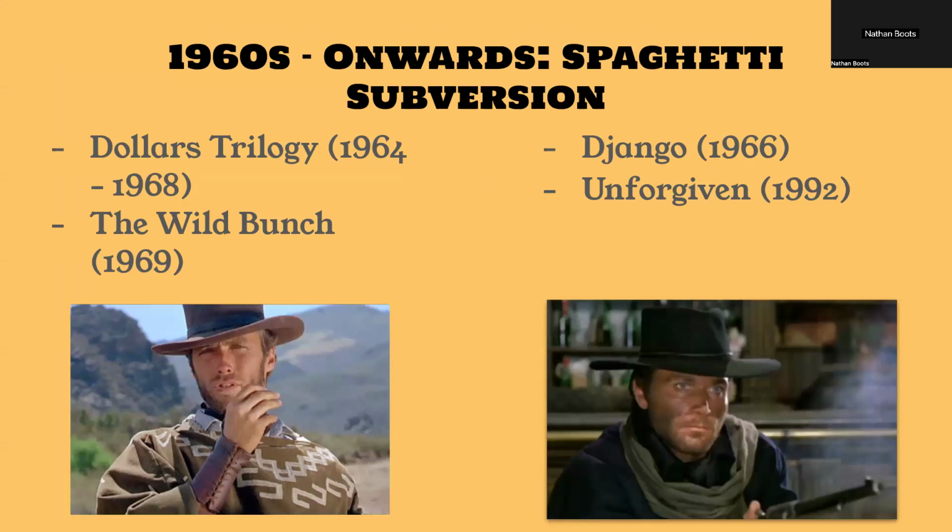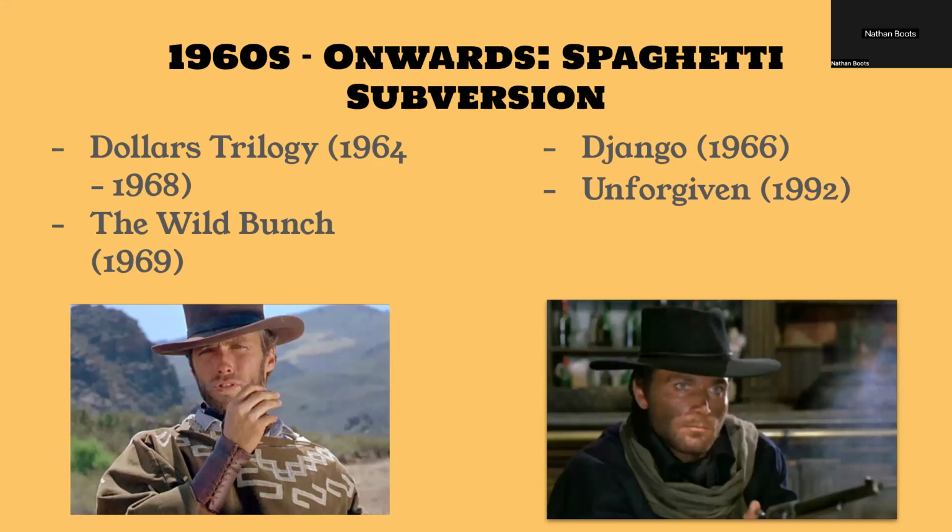But that goes on through the 1950s until the 60s, where the boom comes once again in the middle of the 60s, where we also get a lot of foreign, but specifically Italian, filmmakers in spaghetti westerns.